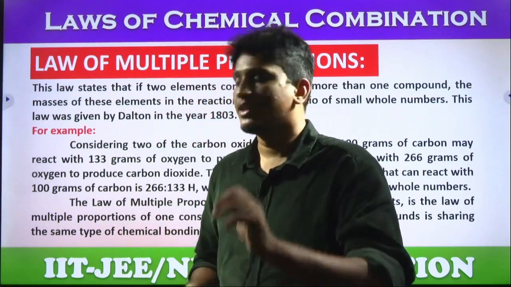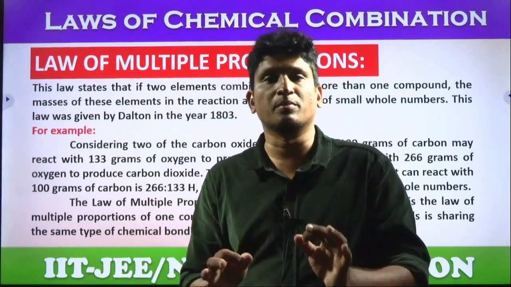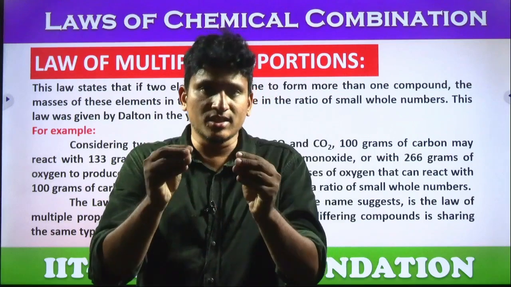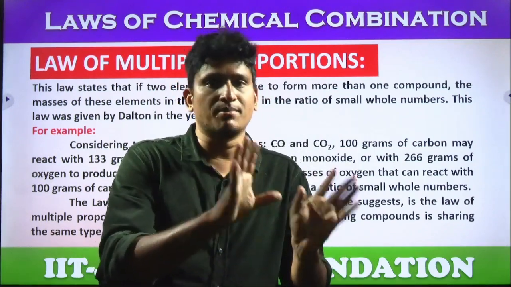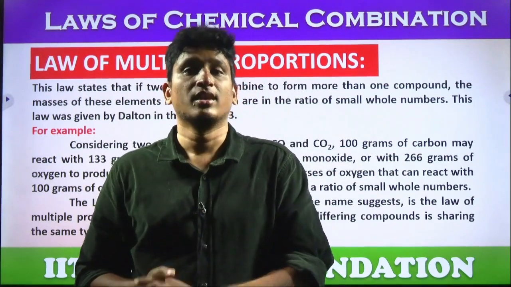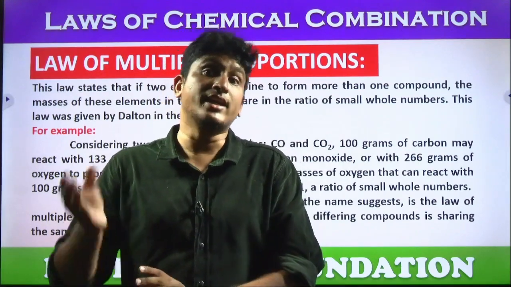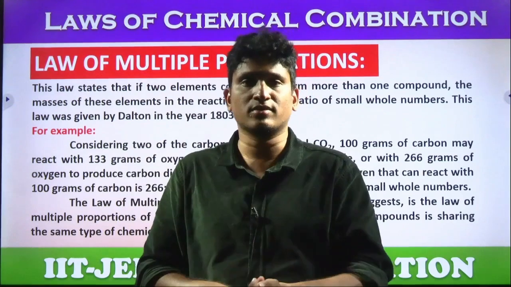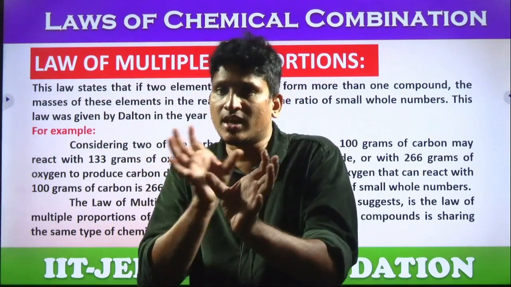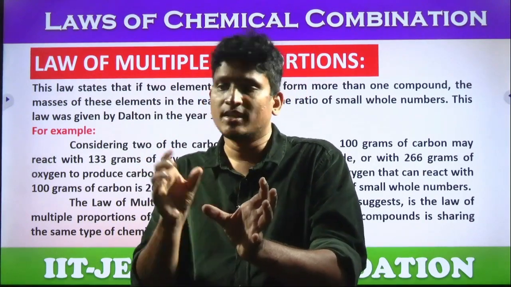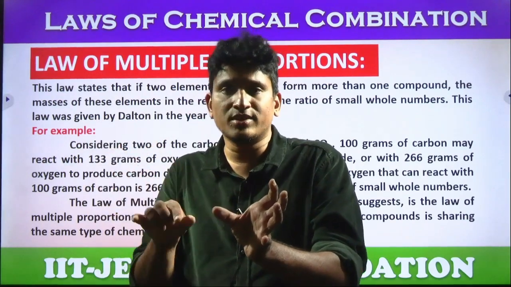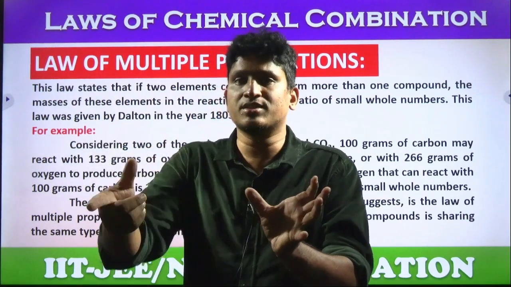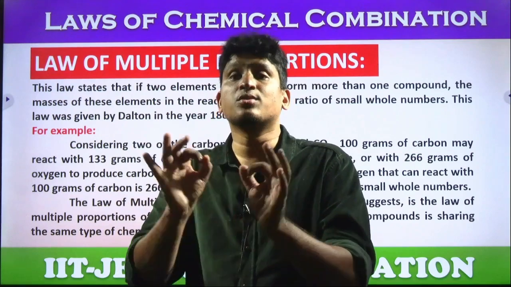Now the point of discussion in the law of multiple proportions is that oxygen 16 grams combines with carbon 12 grams in carbon monoxide. In carbon dioxide, how much? 32 grams of oxygen combines with 12 grams of carbon. Now in what ratio is the oxygen in both these compounds? 16:32, that means 1:2, or 32:16, 2:1, a simplest whole number ratio.